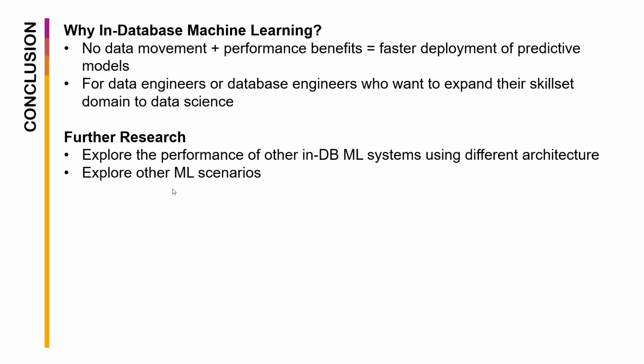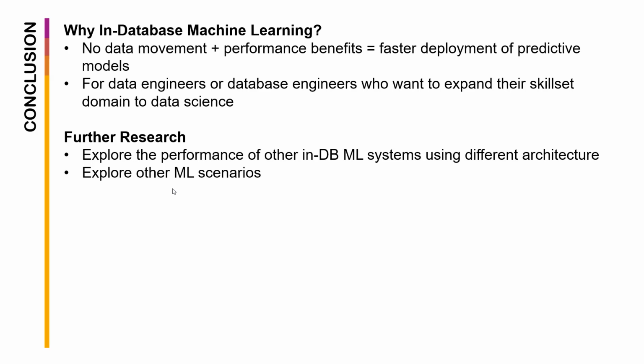So, to summarize or to conclude, why would we want to push for in-database machine learning? Again, because we want to reduce the costs of moving the data. By moving the calculations closer to the database, there's technically no data movement at all. Plus the performance benefits of running it on hardware dedicated for multiple database transactions.